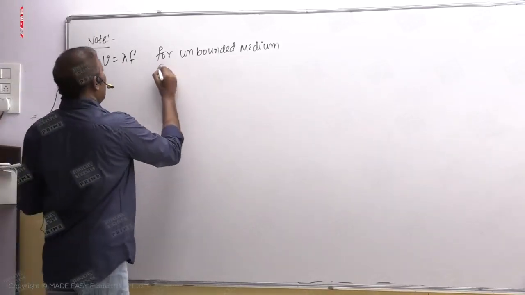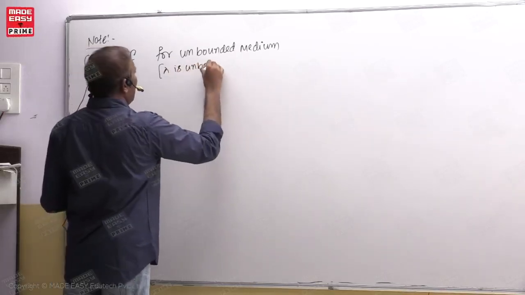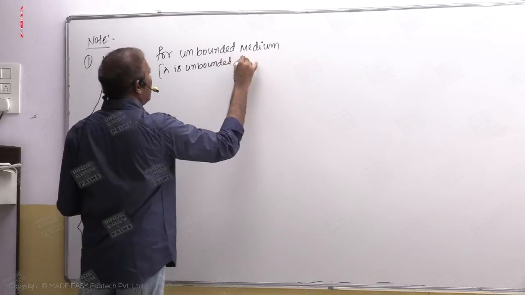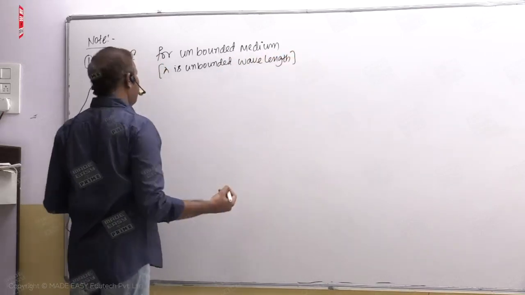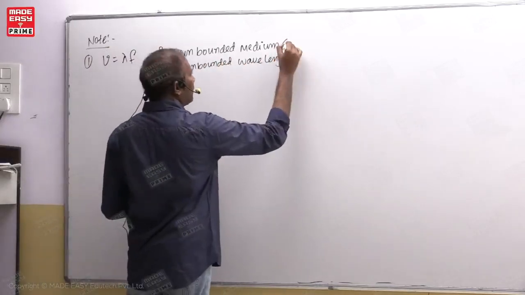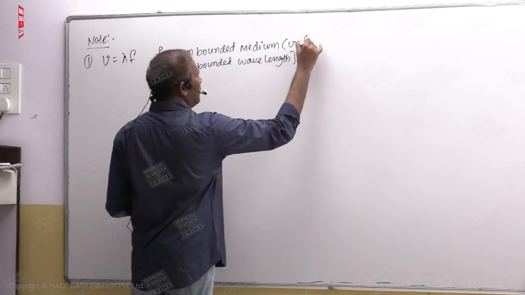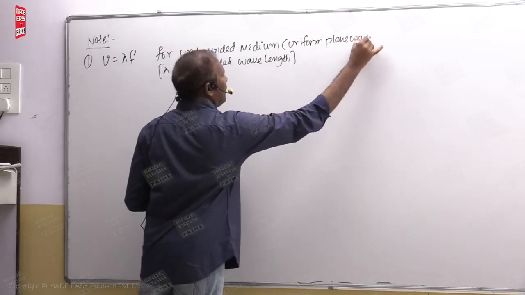So, here lambda is unbounded wavelength. Unbounded medium means uniform plane wave.